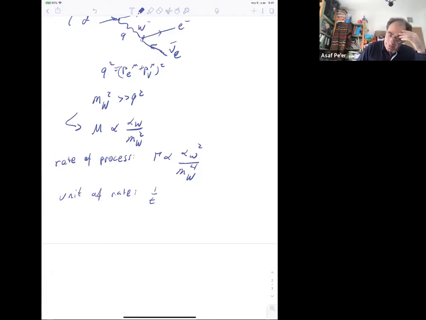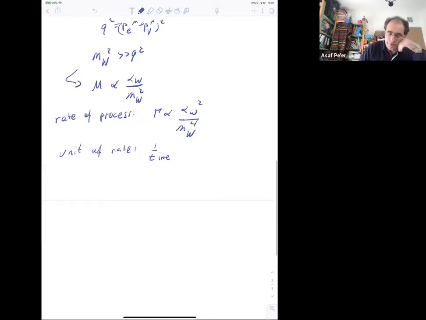Which means, and time is the inverse of the energy, so I must multiply it by another term, which will have units of energy to the power 5, or mass to the power 5, to get the correct dimension.